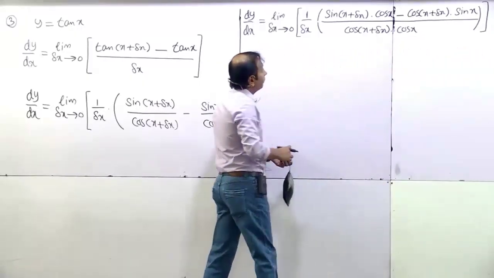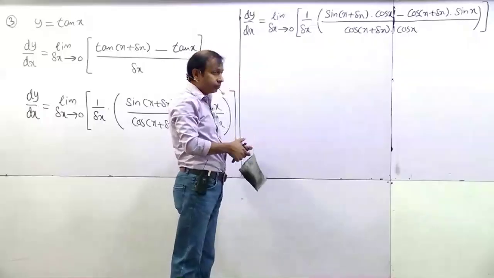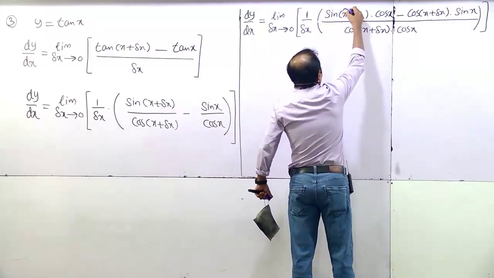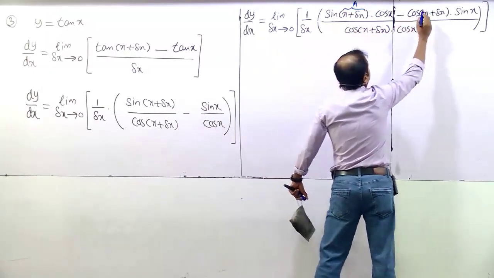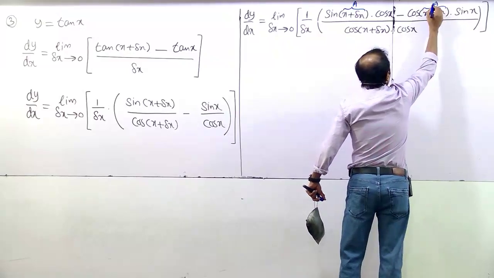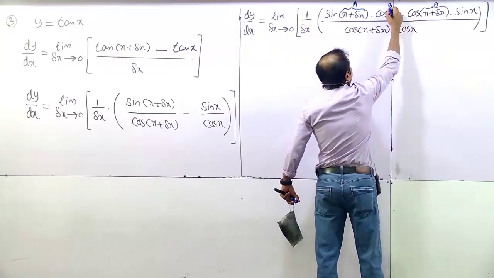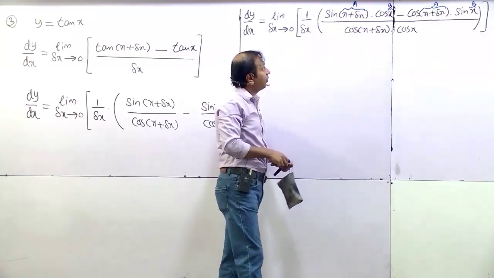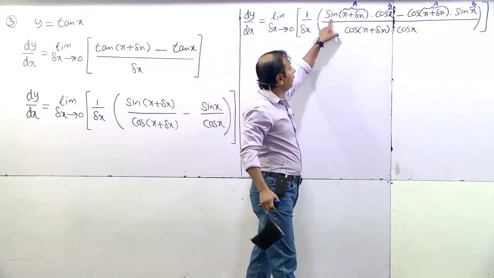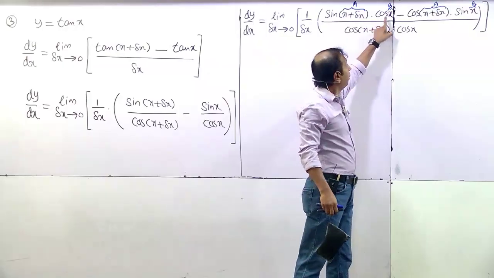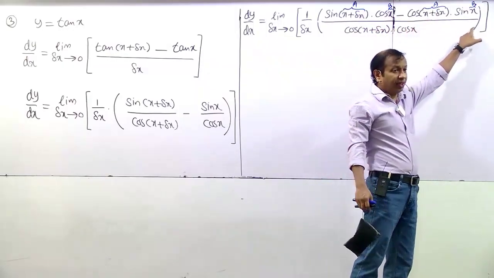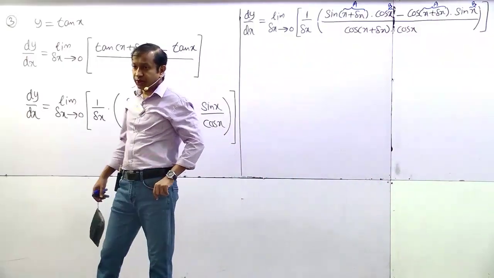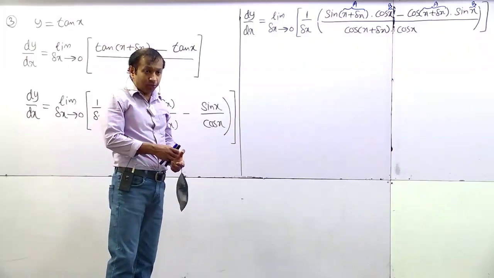Okay, now here, if you take this angle x plus delta x as capital A, then this is also A. Let us take this angle x as B, this also B. Then see what you have here: sin A cos B minus cos A sin B. That kind of expansion comes from what? Sin of A minus B, no?